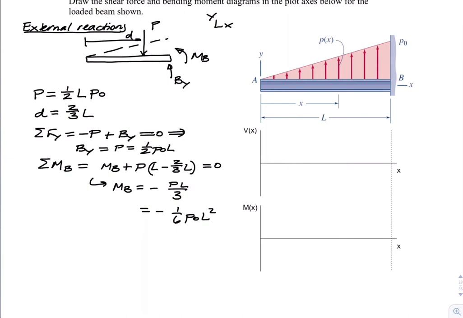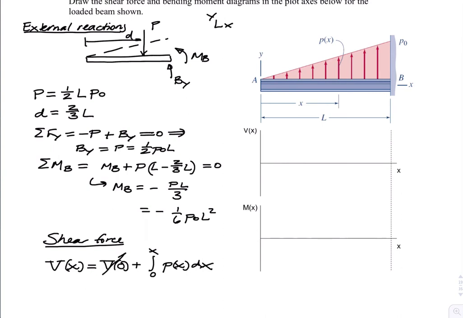So finding V is actually relatively easy here, because the line load P of x is a constant all the way across. So I have here that V of x then is going to be equal to what it is on the left hand side plus the integral from 0 to x of P of x dx. Well, there's no shear force being applied on the left hand side.